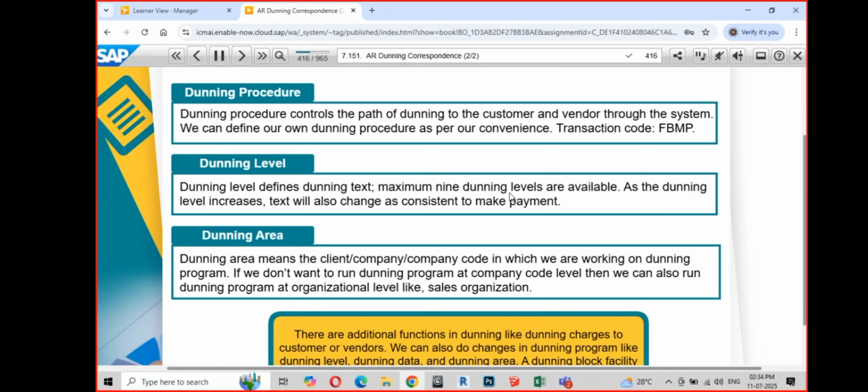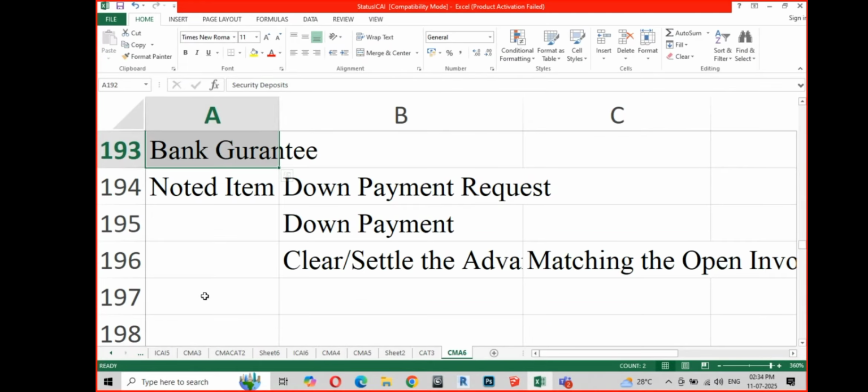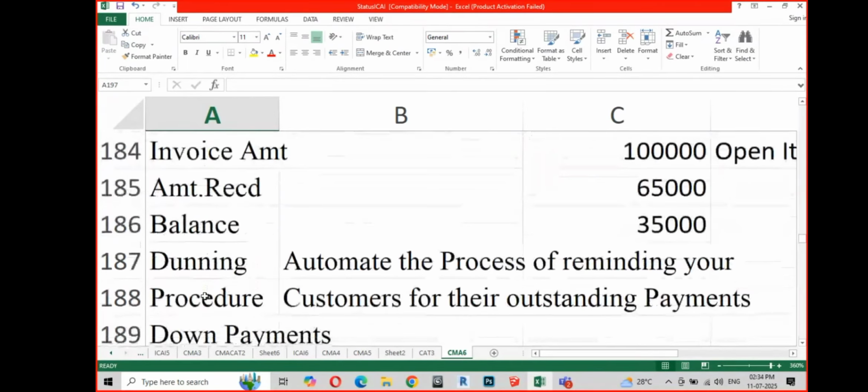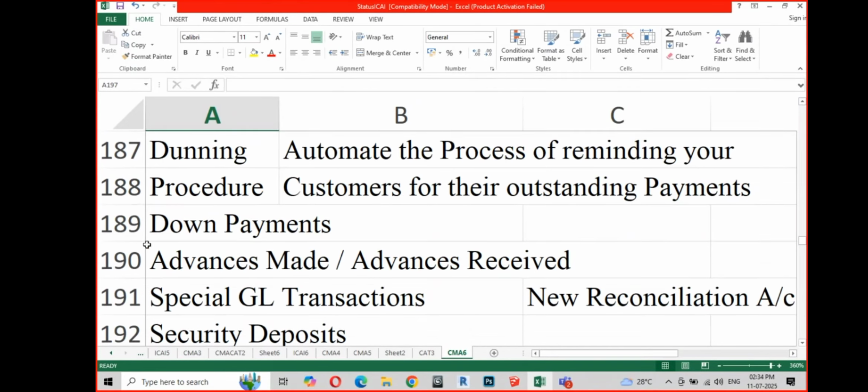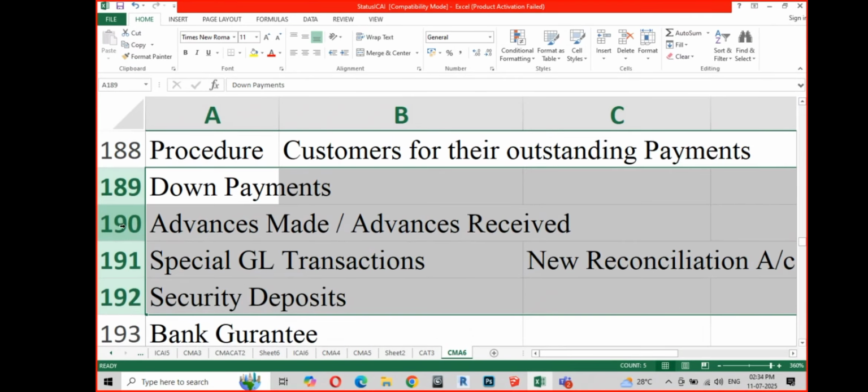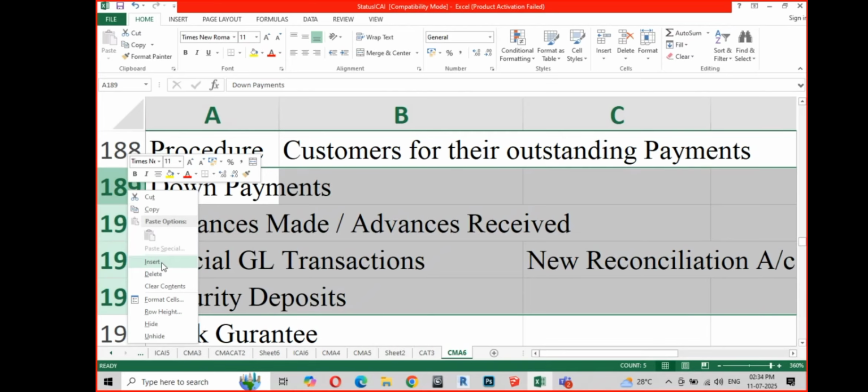You should also know that between the reminders, I can set up the time limit. Meaning, today I send a reminder. So what should the procedure consider?